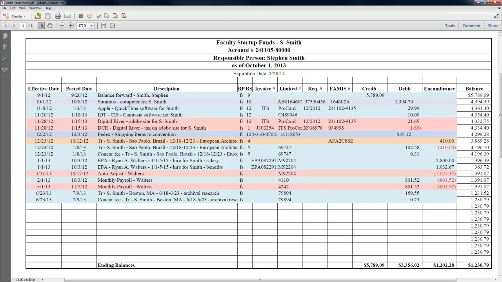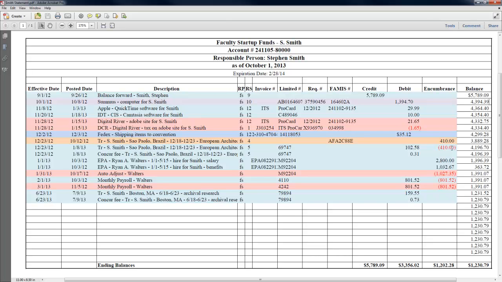When he actually went on the trip, this next line, you can see he only spent $102.58 out of his account. So at the time that your travel reimbursement is paid, the encumbrance is released, and whatever you actually spent gets paid. So in the case of Stephen, he only spent $102.58.